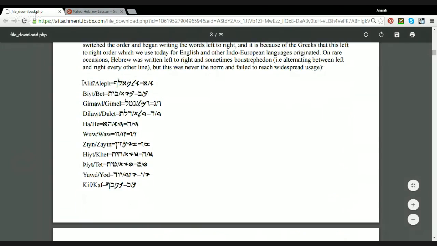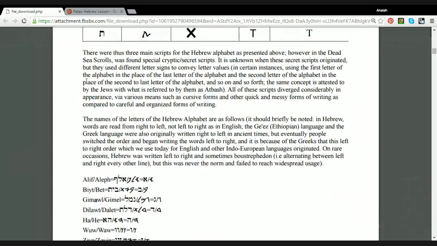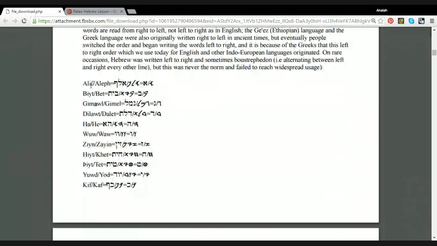Then here are the Hebrew names of the letters of the Hebrew alphabet. Aleph, Beat. So I give it in the newer script, and then I give it in the Paleo. But I use the script you're used to seeing.